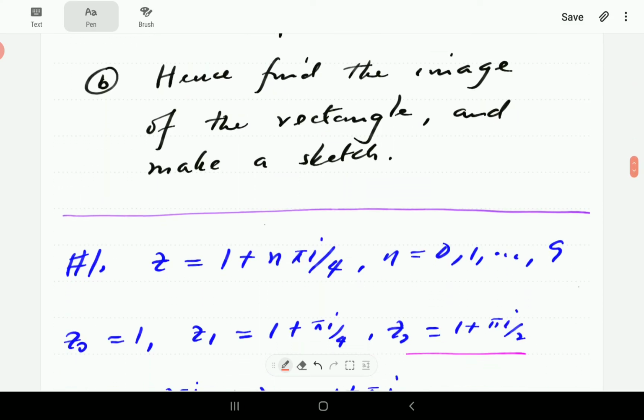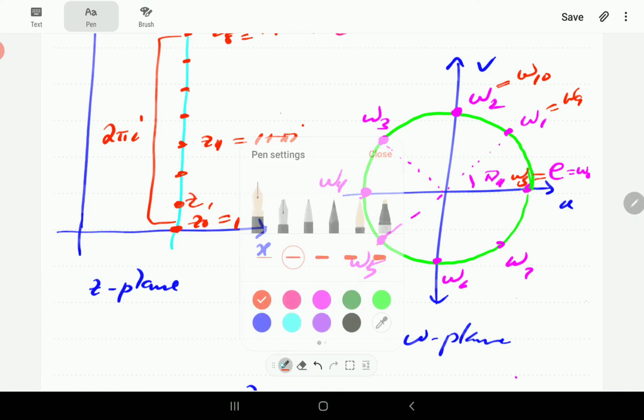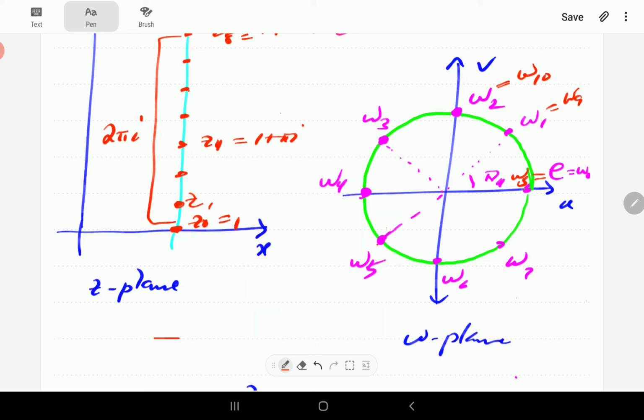Well, from what we've done, we can see that this vertical line, if you transform it or map it using the exponential function, is going to actually map onto a circle centered at the origin, radius e to the power 1.